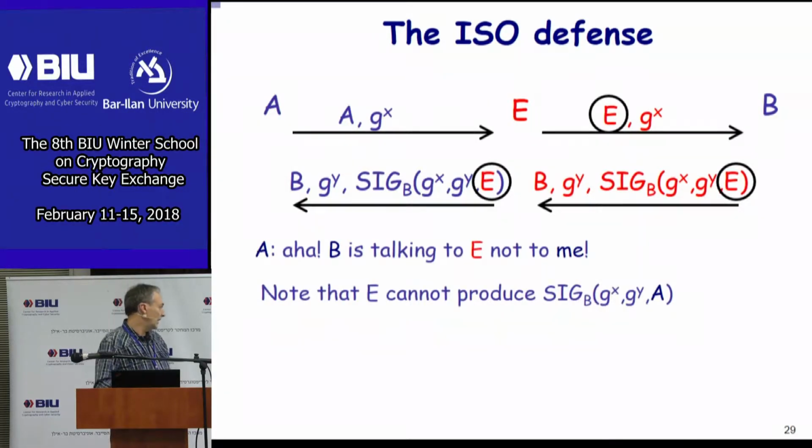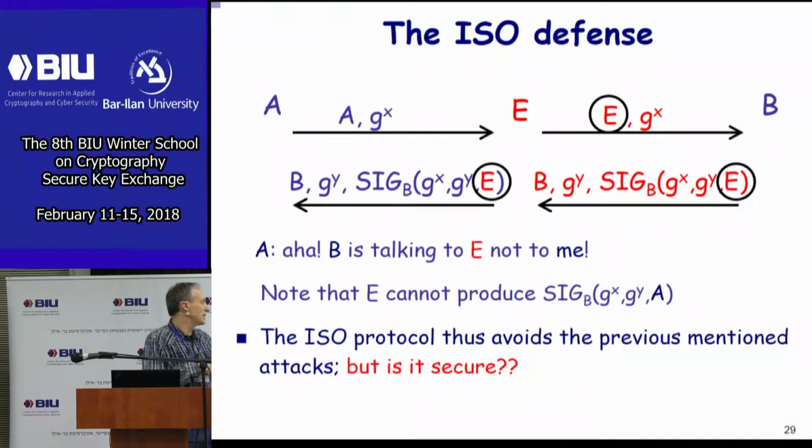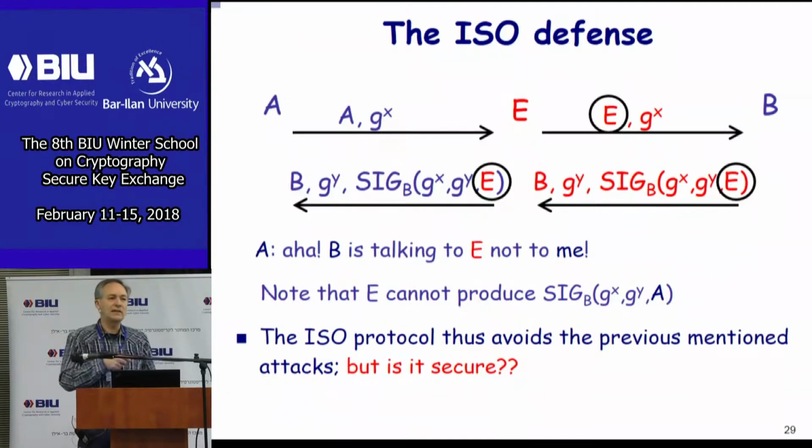Alice notices that Bob is talking to someone else, and Eve cannot produce the signature without breaking and finding the signature key of Bob. Now, this is called, by the way, the ISO protocol. This is a subset of a protocol standardized by ISO. Actually, the protocol is more complicated, but this is the basics.